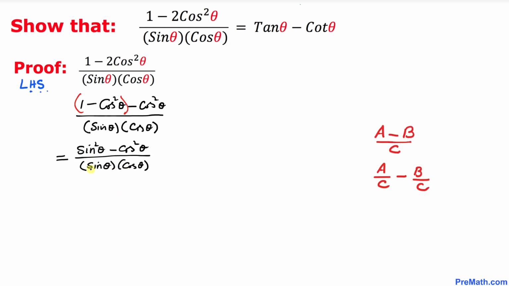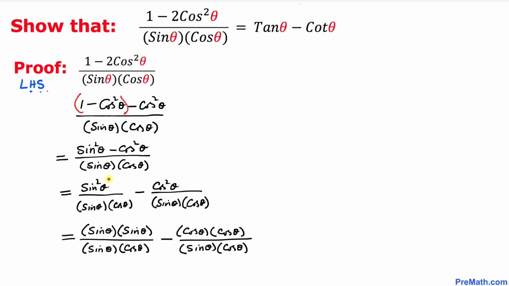And now we can write this fraction as sine square theta divided by sine theta times cosine theta, minus cosine square theta divided by sine theta times cosine theta, by using this simple rule.